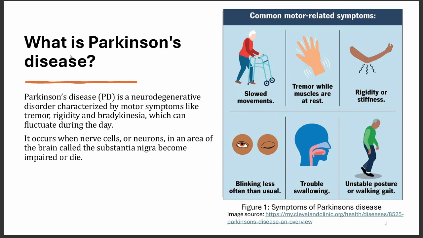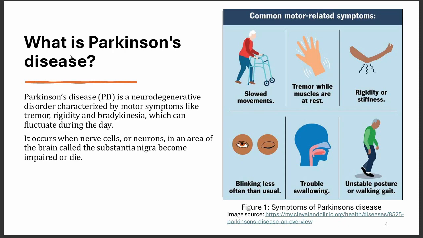Why does Parkinson's disease occur? It occurs when neurons in an area of the brain called the substantia nigra in the basal ganglia region become impaired or die.